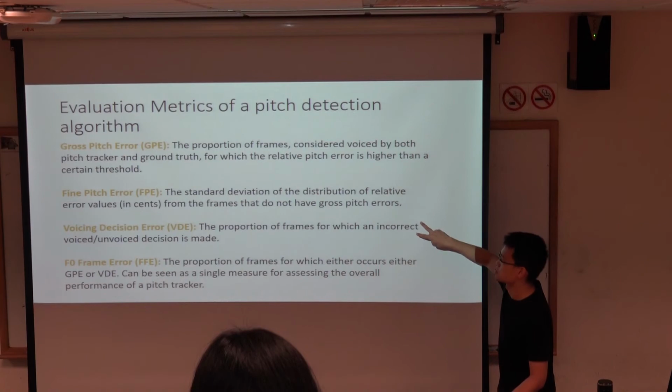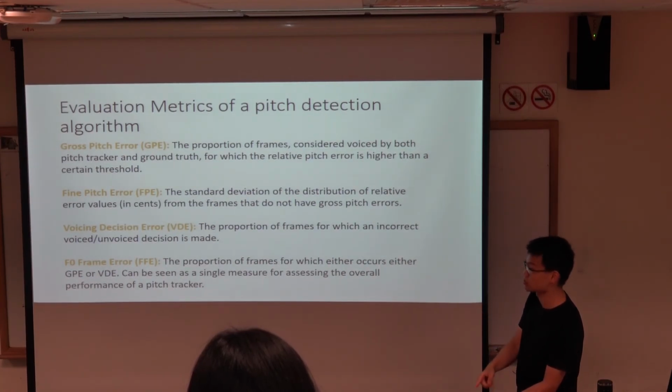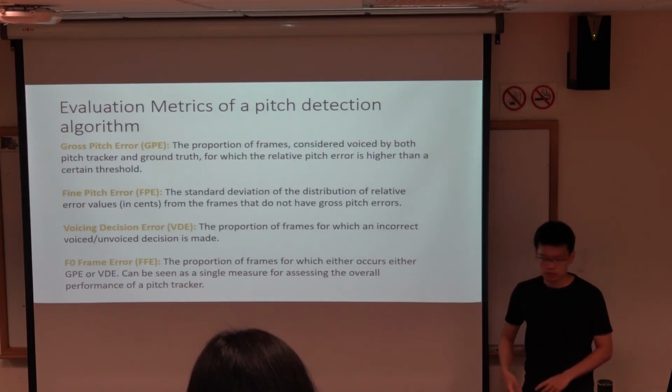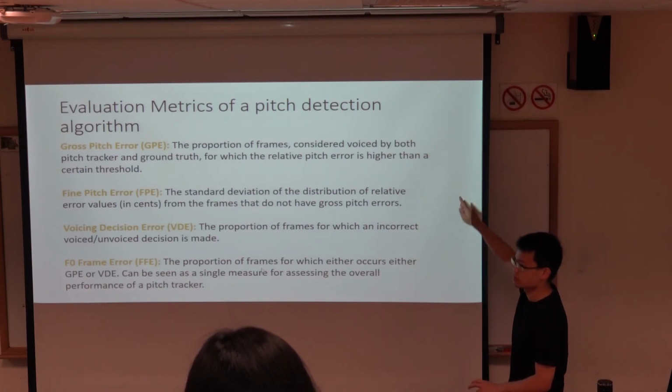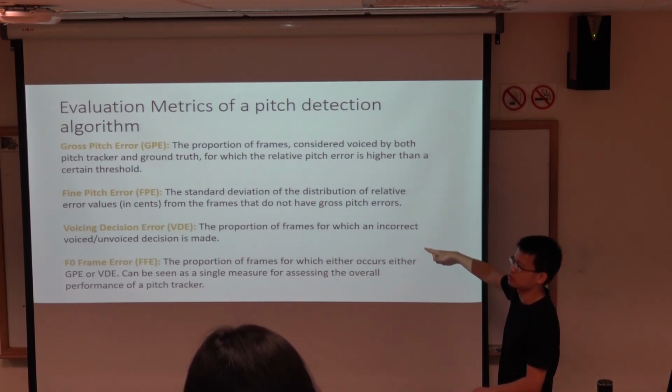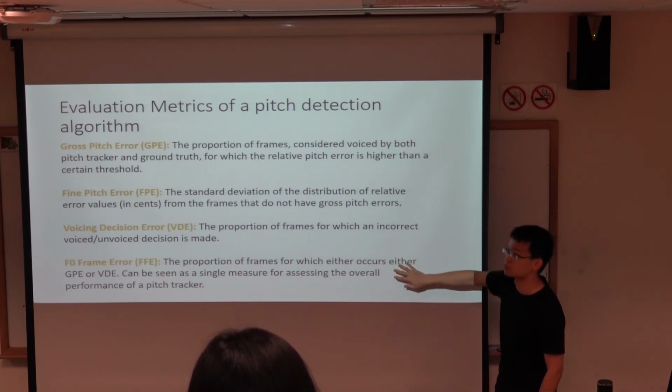And the third one is that it has voice, but I detect it as non-voice. So they are different kinds of errors. And the fourth one is a combination of the first one and the third one. That means if you want to use one metric for the whole algorithm, you'll probably prefer the fourth one.